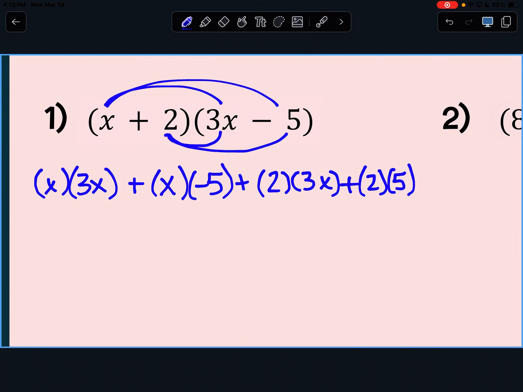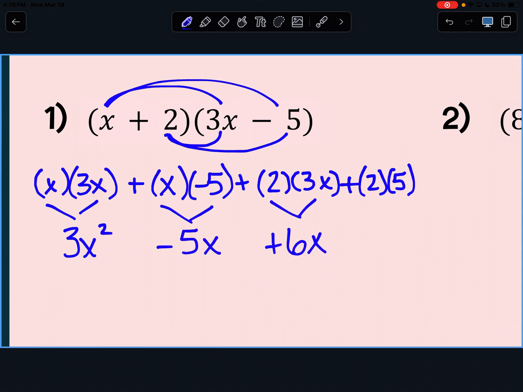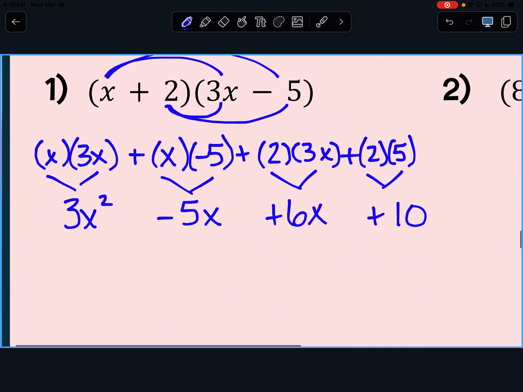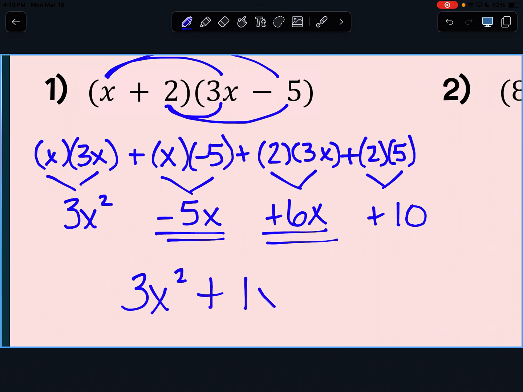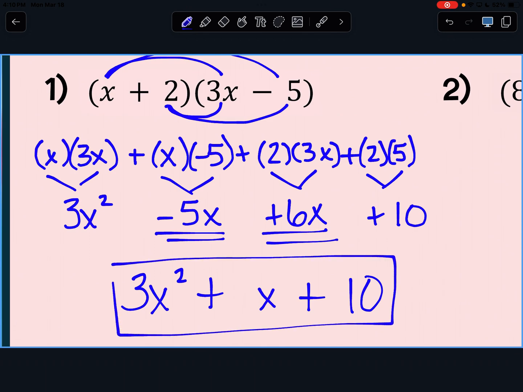Okay, and then you simplify each piece. I get 3x squared minus 5x plus 6x plus 10. I need to combine my like terms. So I have 3x squared plus 1x, or just x by itself, plus 10. And that would be my answer.